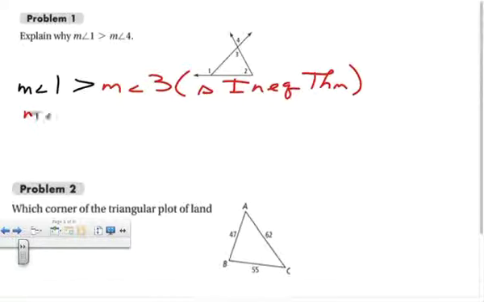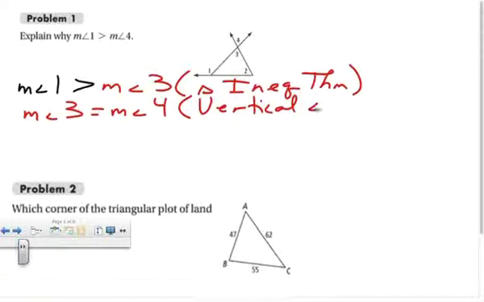And then Catherine made the observation that the measure of angle 3 will equal the measure of angle 4 because of the vertical angle theorem. And then finally, yes, I can say that angle 1 is greater than angle 4. Why? What am I doing to those two expressions? One is an equation, one is an inequality.